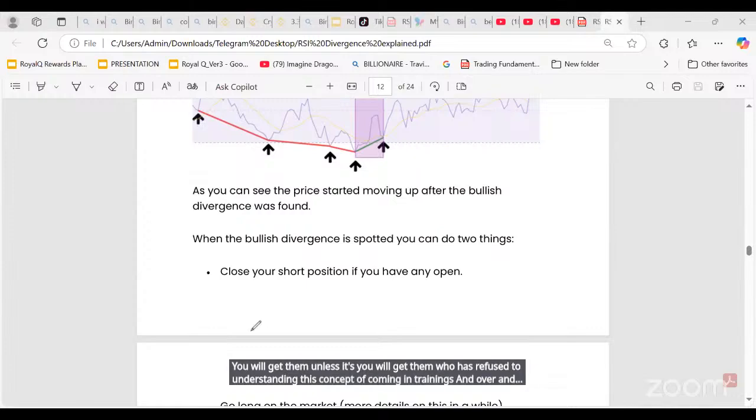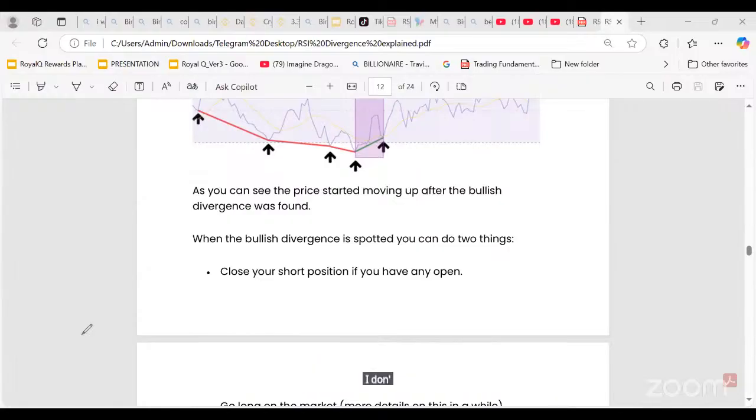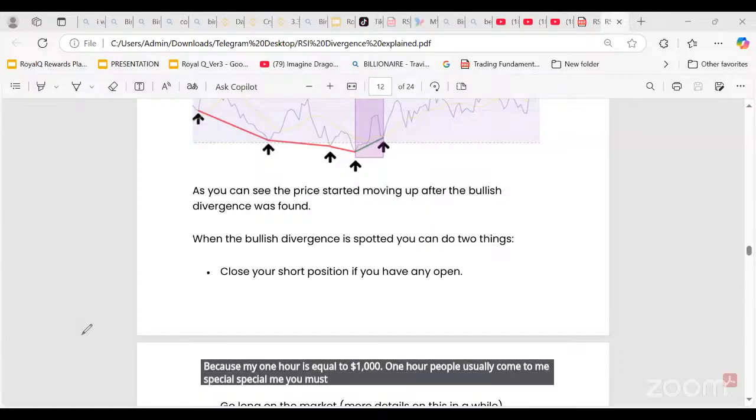Give him a paid version. Me, I can't. I don't have the time, because my 1 hour is equal to $1,000. People usually come to me special. You must pay $1,000 for 1 hour.